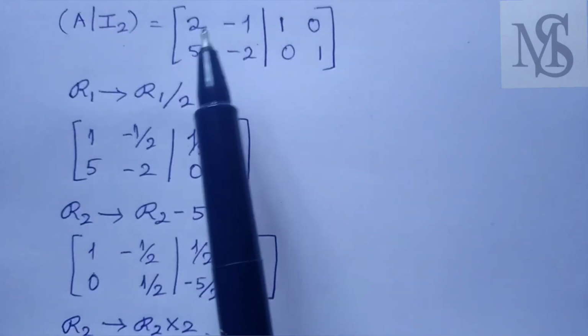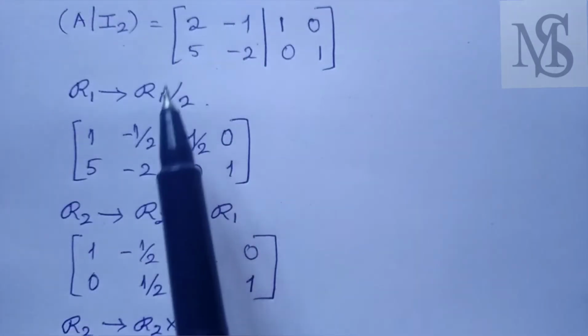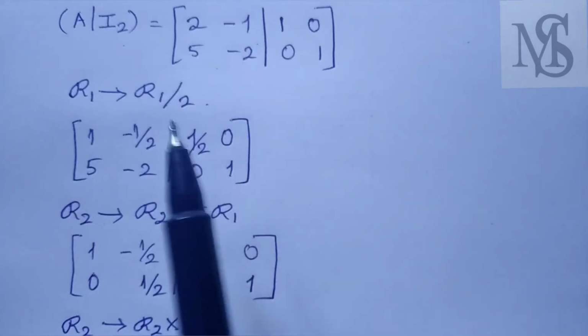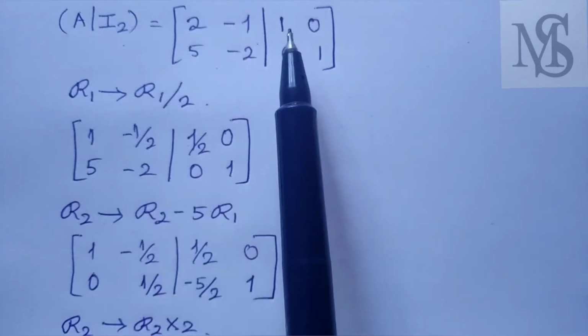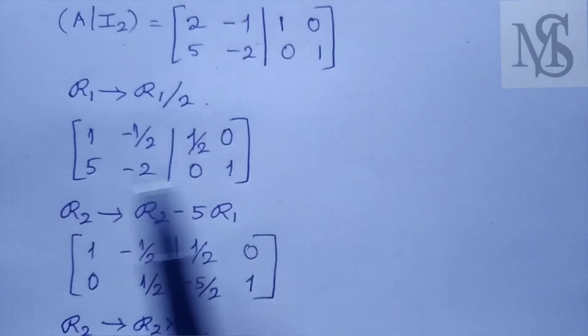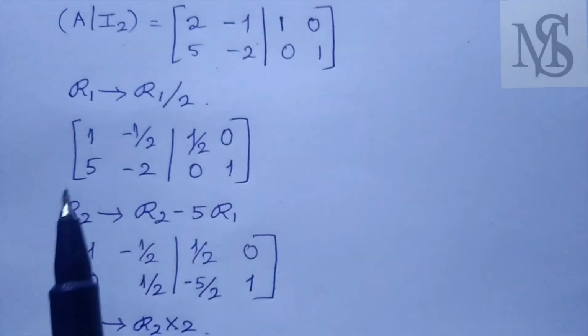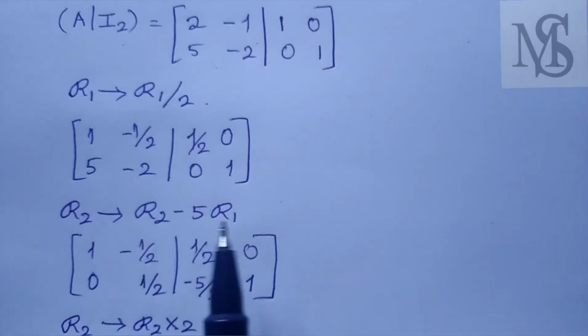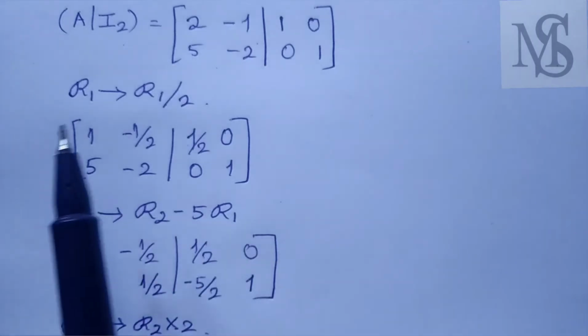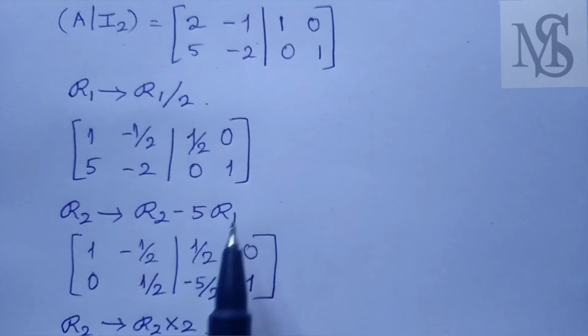First, to change, we are dividing R1 by 2, that is 2 divided by 2 is 1, minus 1 divided by 2 is minus 1 by 2, 1 divided by 2 is 1 by 2, and 0 divided by 2 is 0. And writing R2 as it is, and changing R2 tends to R2 minus 5 R1, that is 5 minus 5 into 1 is 5, 5 minus 5 is 0.